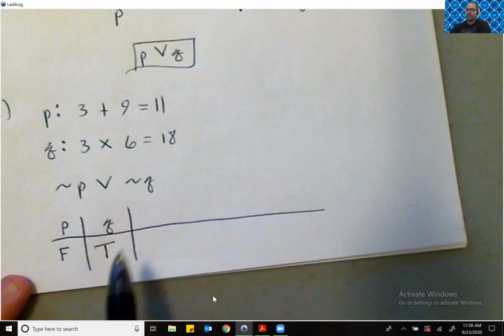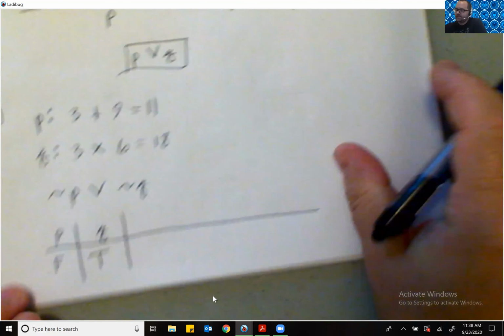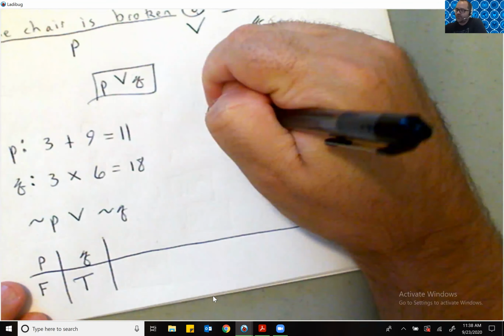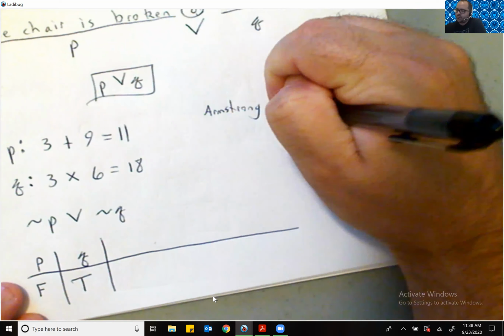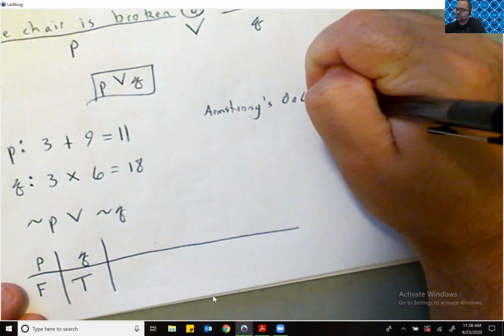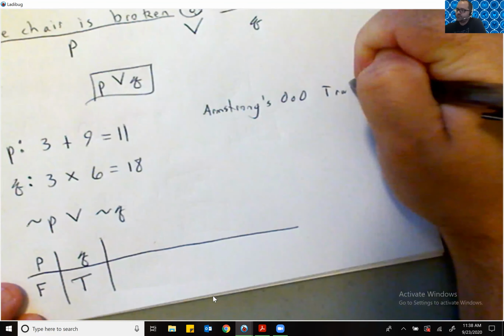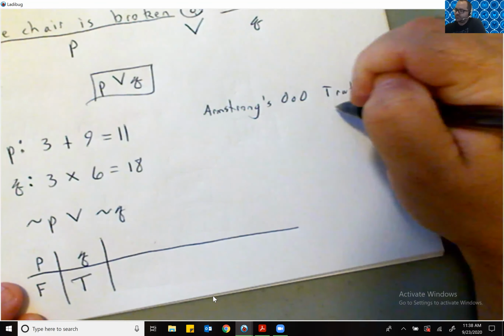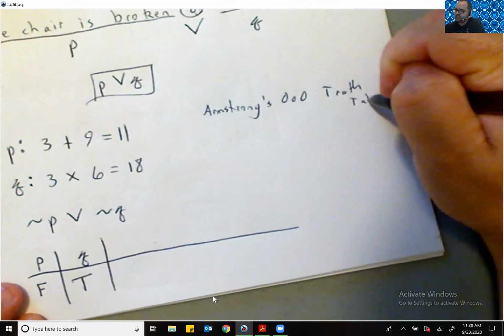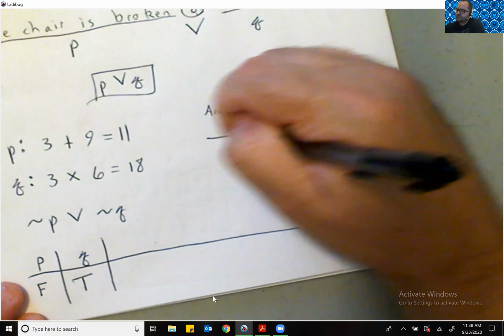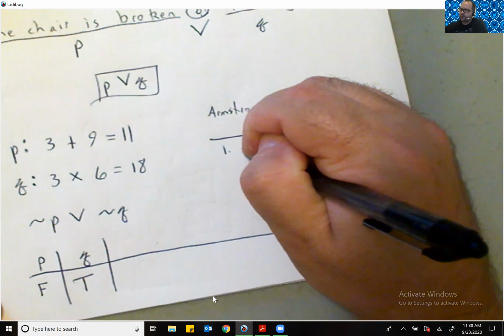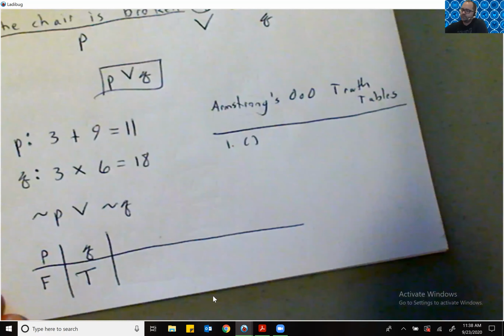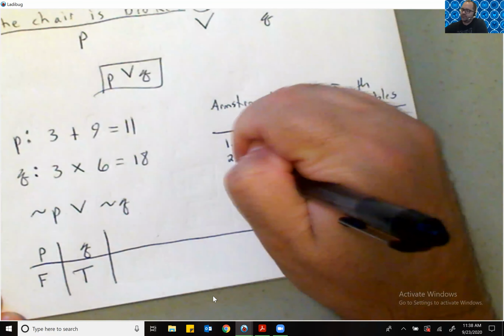Remember that Mr. Armstrong had his own order of operations for truth tables. When we do our order of operations, the first thing you're going to work with is parentheses. Then you will take care of negations.